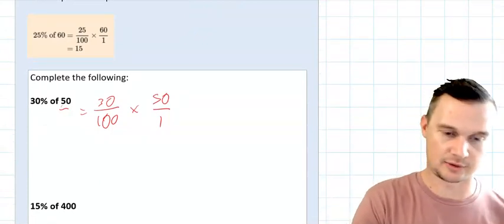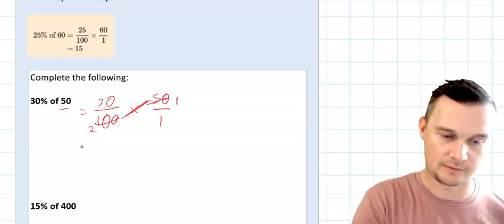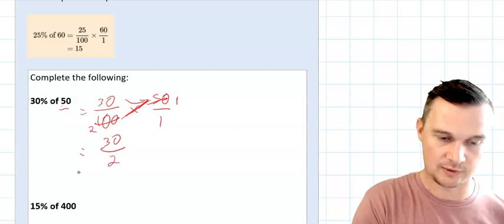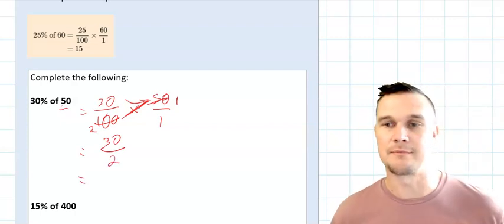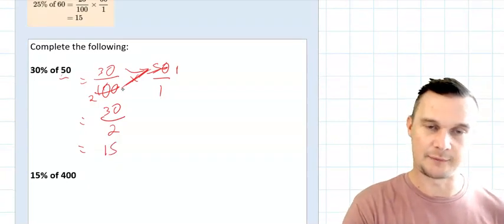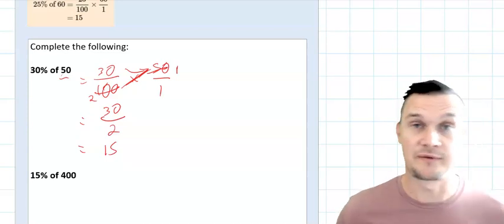I want to cross cancel diagonally here, because they both have a factor of 50. So this will be 1 and this will be 2. So 30 times 1 equals 30 over 2 times 1 equals 2. If I simplify that, half of 30 equals 15. So 30% of 50 equals 15.